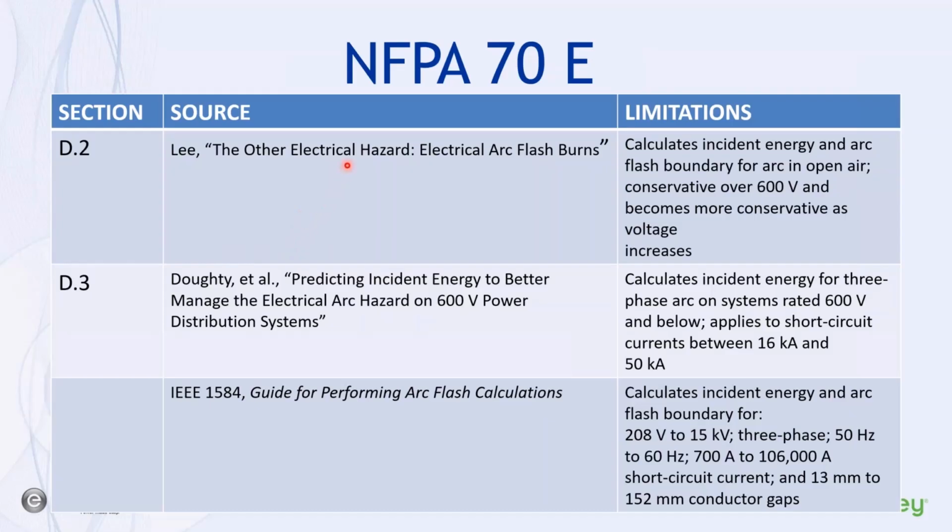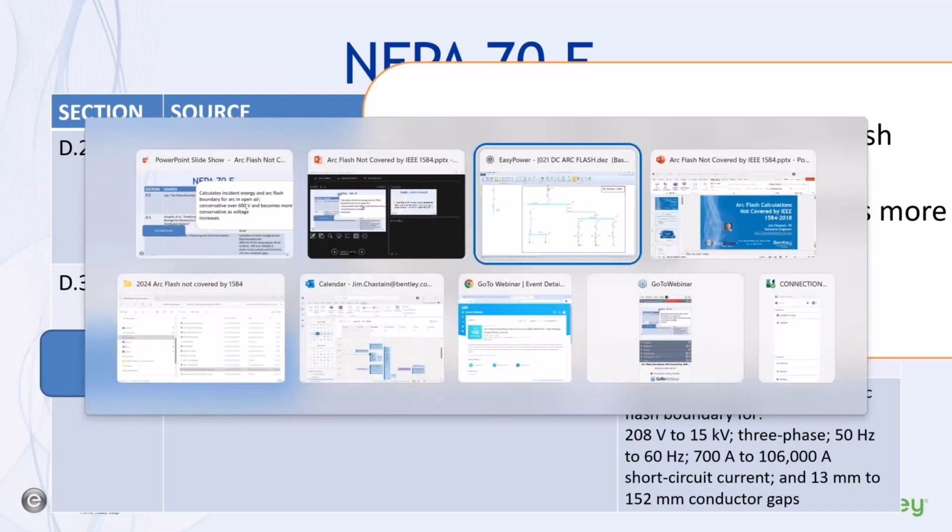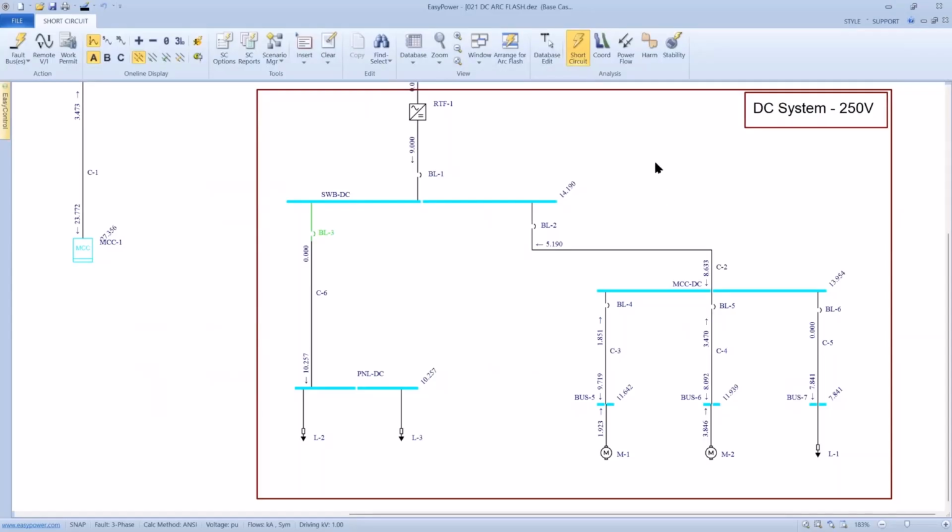So selecting the Ralph-Lee equations gives us the ability to calculate incident energy and arc flash boundary for a three-phase arc in open air over 600 volts, and it becomes more conservative as the voltage increases. So let's go and see what we're doing here. Let's close this guy.